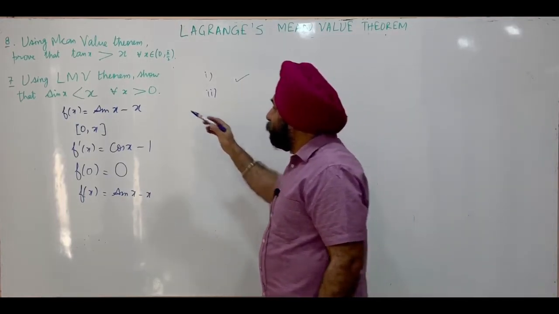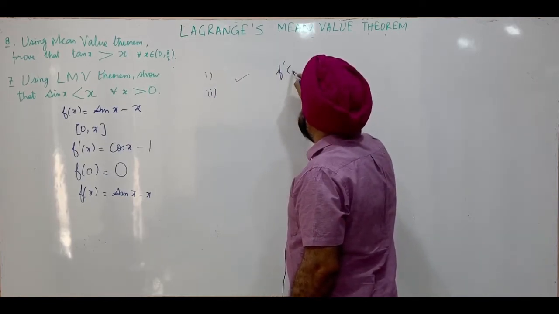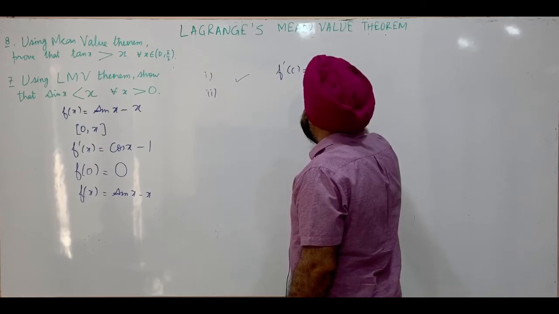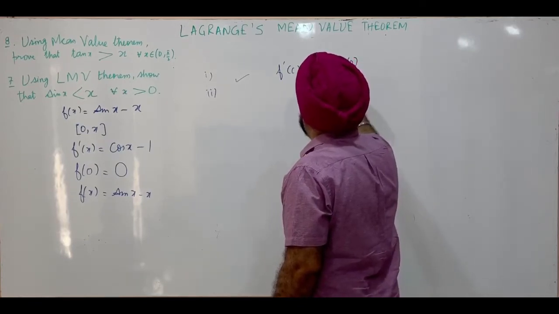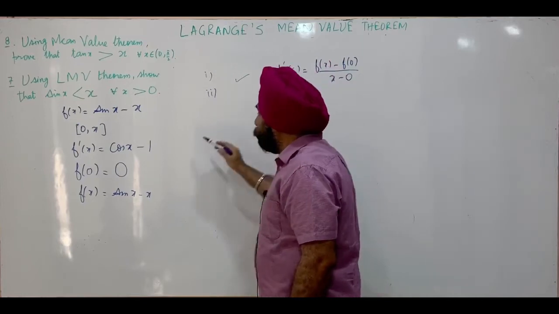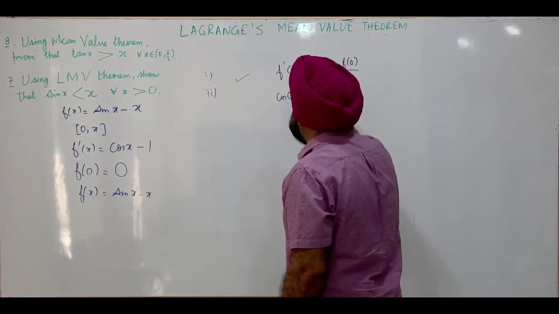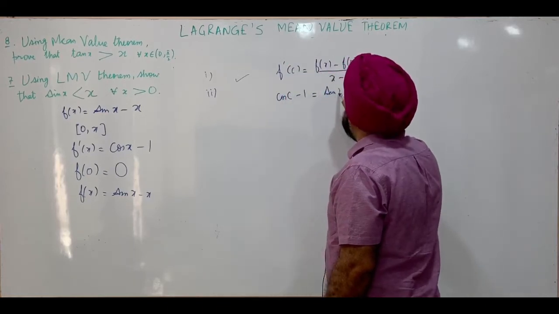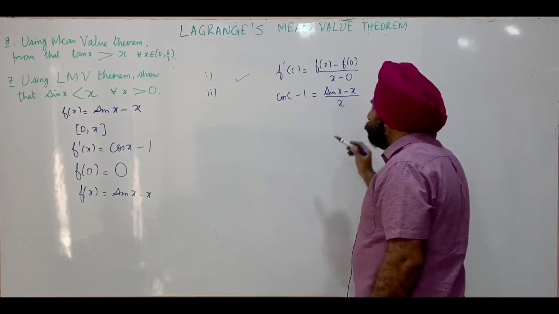Therefore, Lagrange's theorem is applicable to the function, according to which f dash of c is equal to f of x minus f of 0 upon x minus 0. F dash of c is cos of c minus 1. F of x is sine of x minus x. F of 0 is 0, upon x.